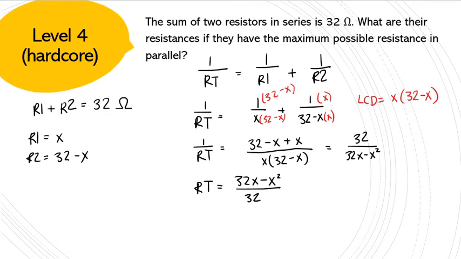Okay, we've gotten to the point where we're ready to go. Brutal. Okay, so we are going to find dRT with respect to X, or RT prime, and we are going to end up with 32 minus 2X over 32.